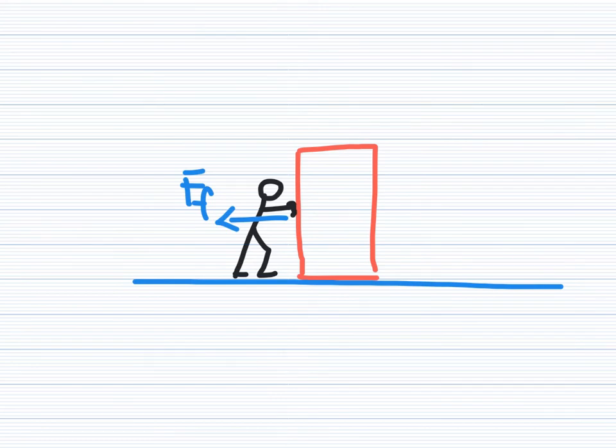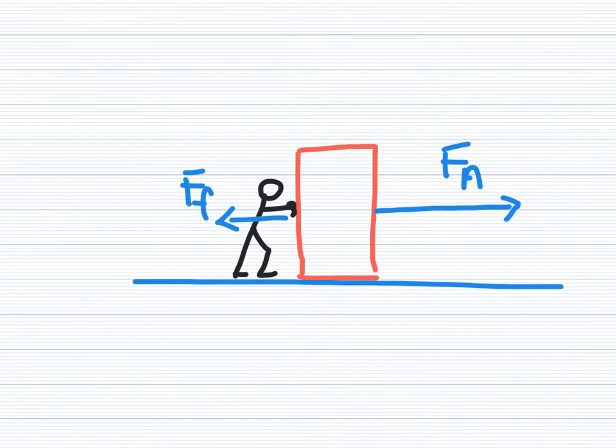Okay, now let's imagine that the little man pushes really hard and applies a huge applied force to the refrigerator. Now what's going to happen? You'll see that the applied force is larger than the frictional force. They're still in opposite directions, but one is much greater than the other.